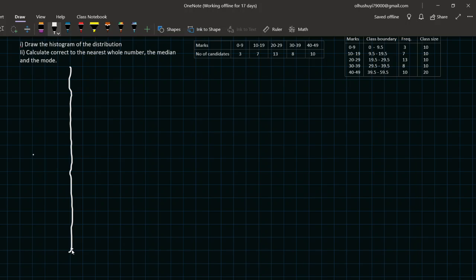Then I maintain this again for my x-axis. I want something lower.